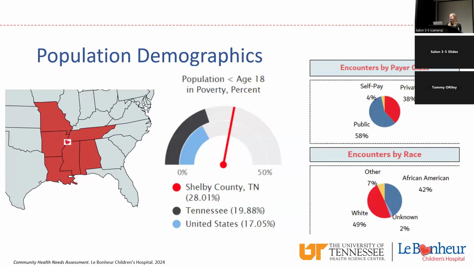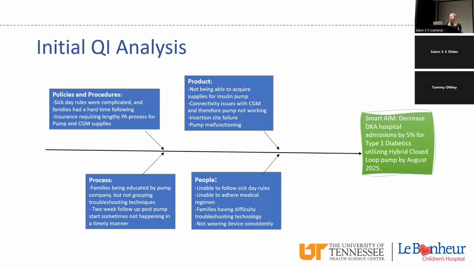In our pediatric endocrine population, 58% of our patients belong to a public payer class, and around 50% belong to a minority population.